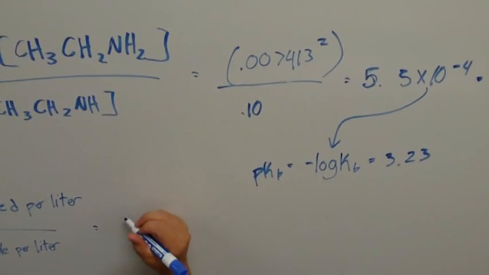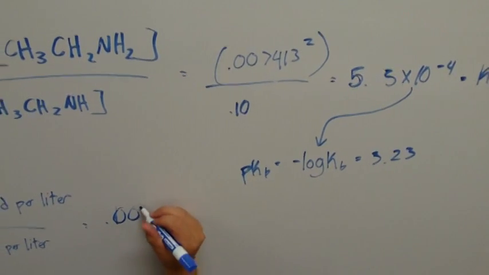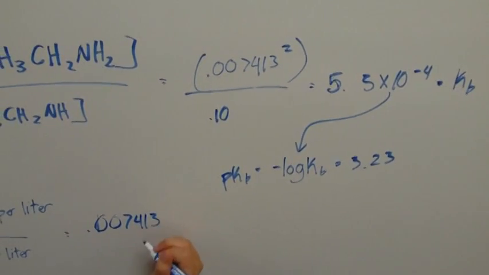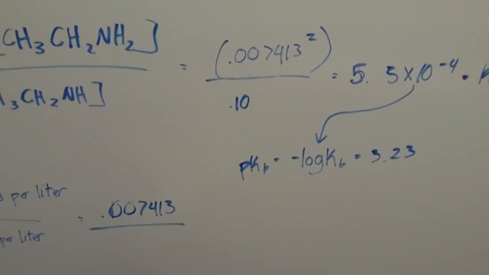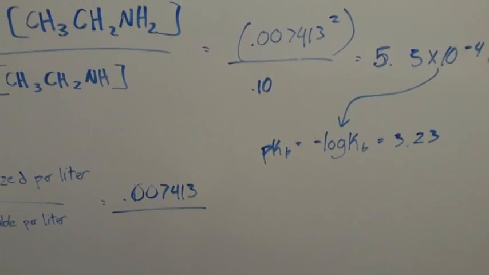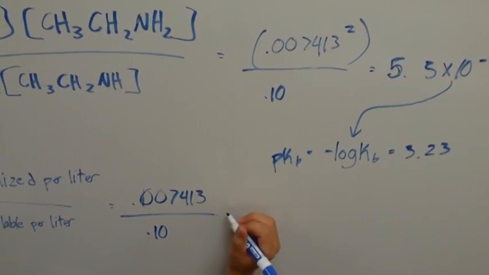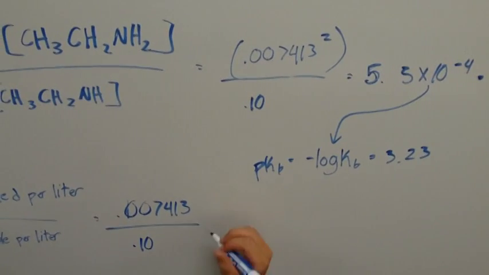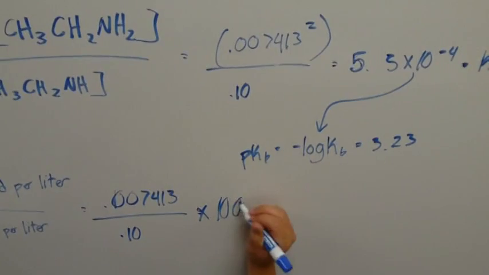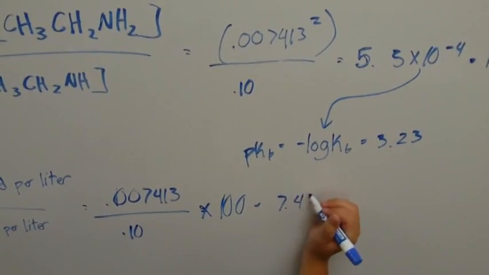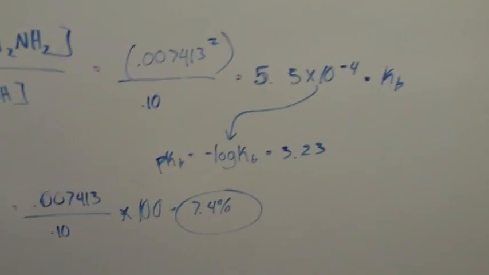So that's 0.007413 over moles available per liter, which is 0.10. Do that, you get a fraction, multiply it by 100, and you get 7.4% ionized. So that's that.